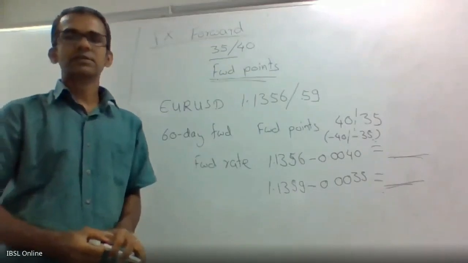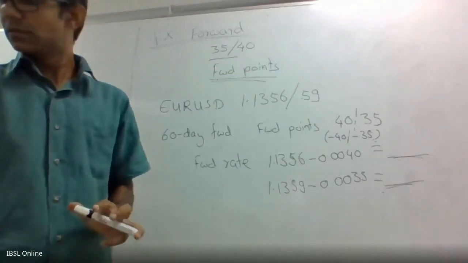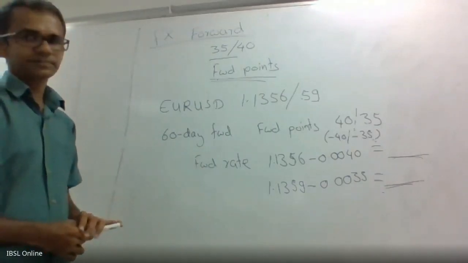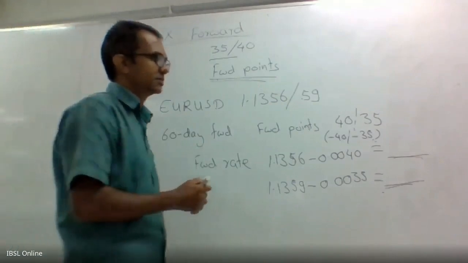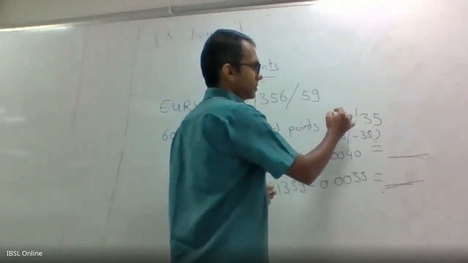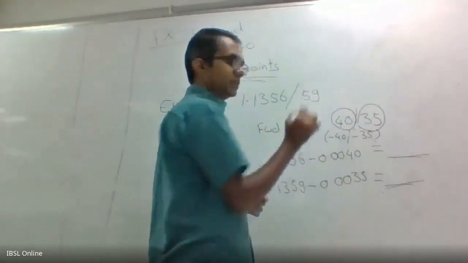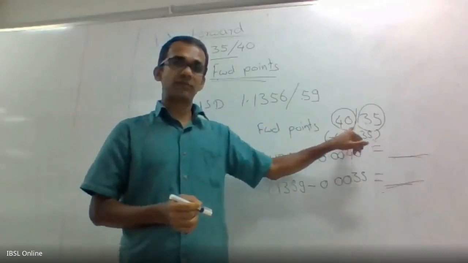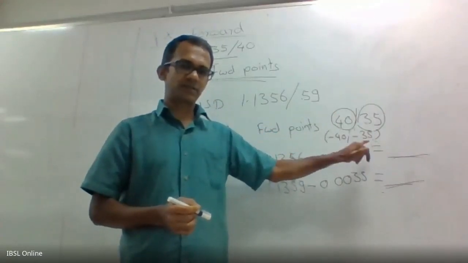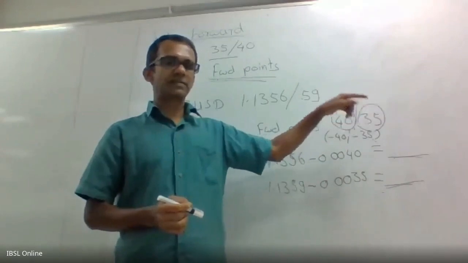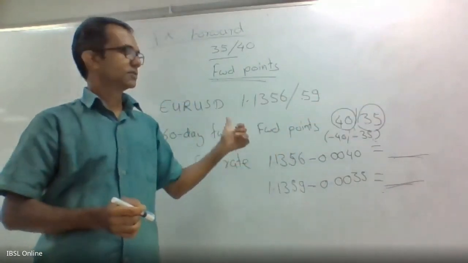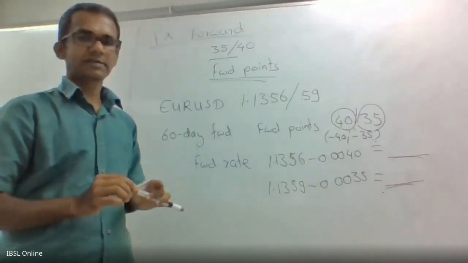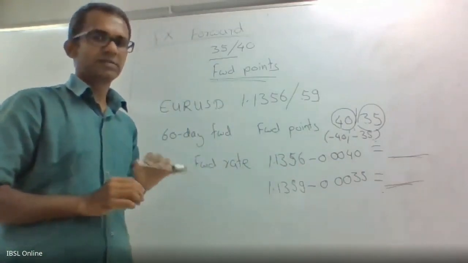Then you will get the forward rate. So remember this, whenever you see a higher bid than the offer in forward points, what does it mean? The forward rate is lower than the spot rate. So forward points are negative, and you subtract forward points from the spot rate.